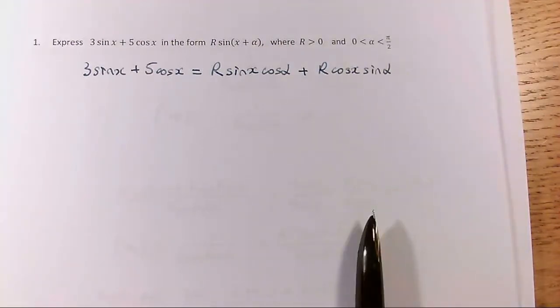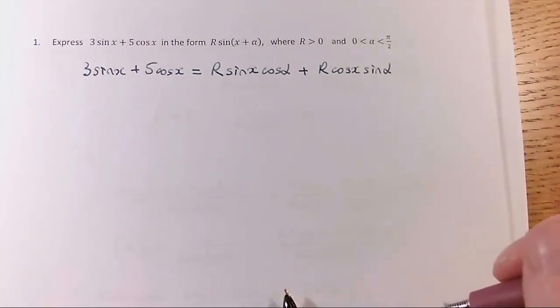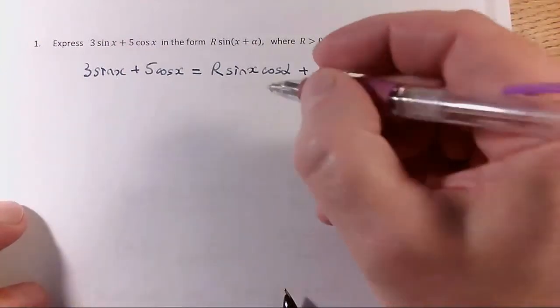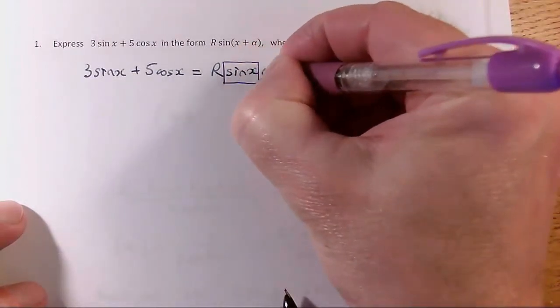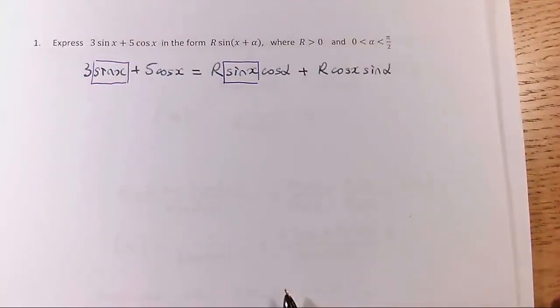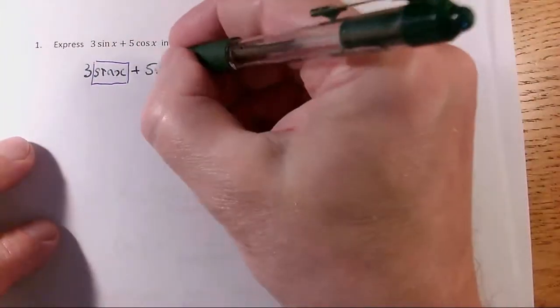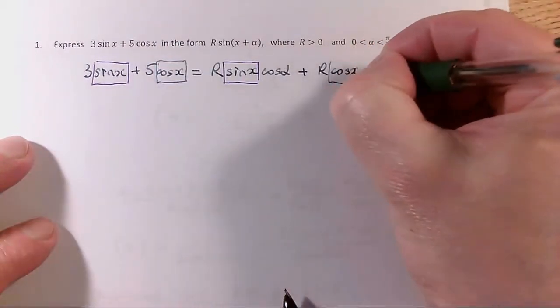So now I've got to match up things from the two sides. And essentially it's a comparing coefficients type argument. This has got to be true for all values of x. Okay. If I look for the x's, I've got a sine x term over here and I've got a sine x term over here. And likewise, I've got a cos x term over here and I've got a cos x term over here.